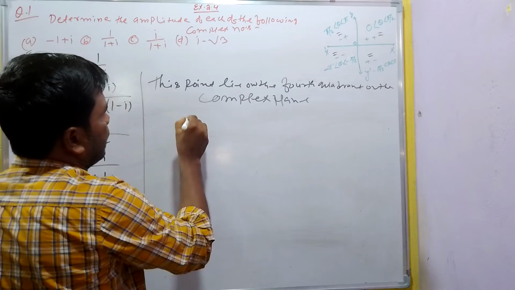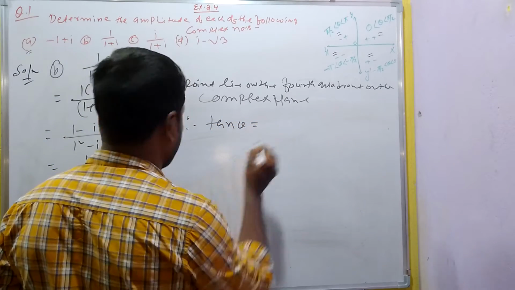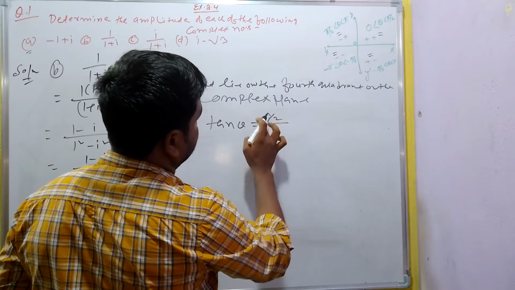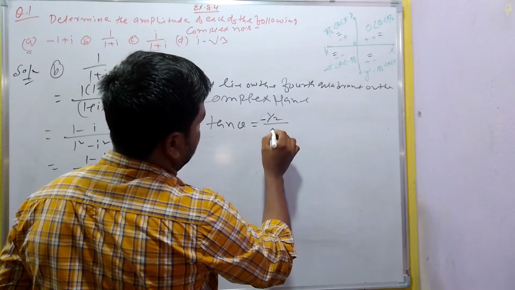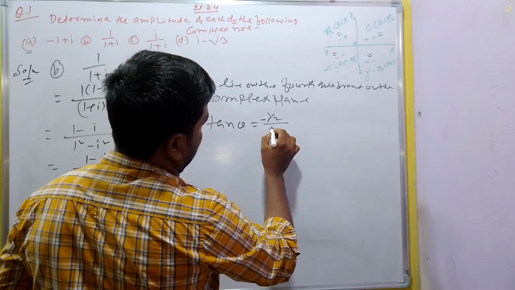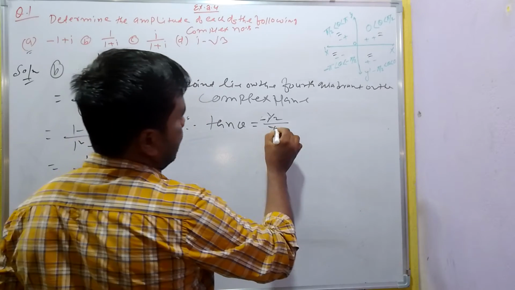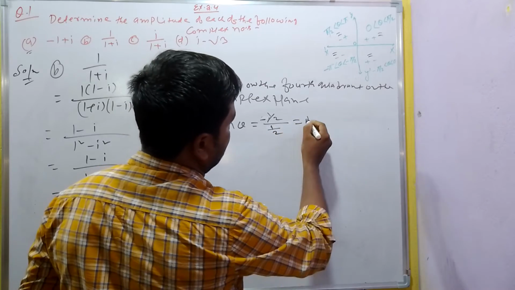Now you have to write tan theta equals minus 1 by 2 by 1 by 2, so minus half by half, so minus 1.